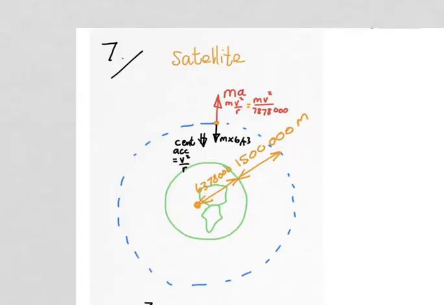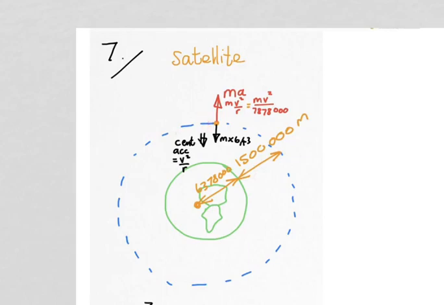So here's a diagram of our satellite. That's this orange dot over here. Here's the Earth. There's the radius of the Earth. There's the extra 1,500 kilometers altitude that the satellite has. And then the blue dotted path or circle is the path of our satellite.